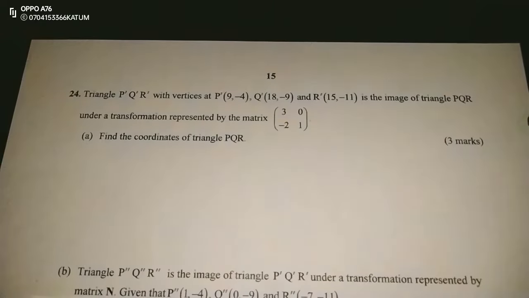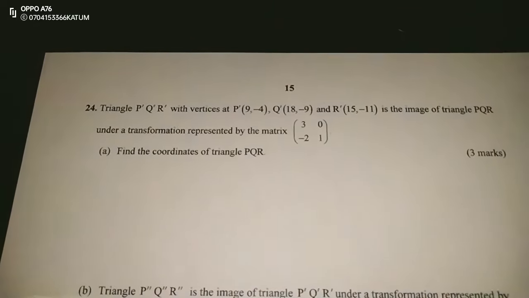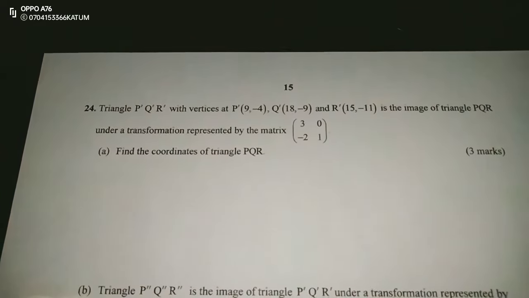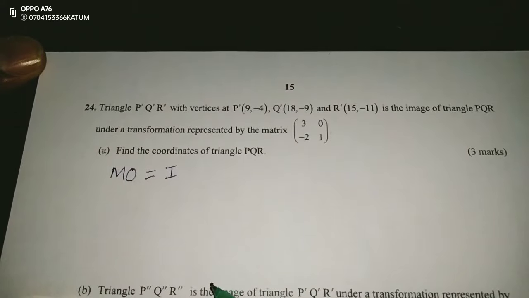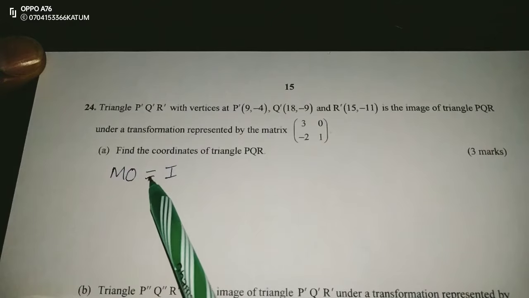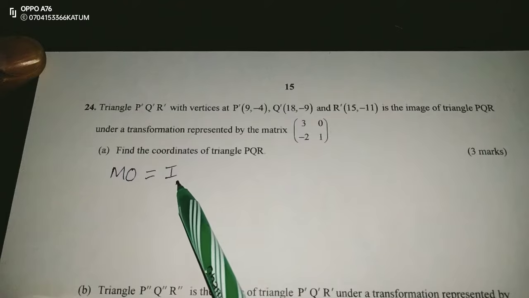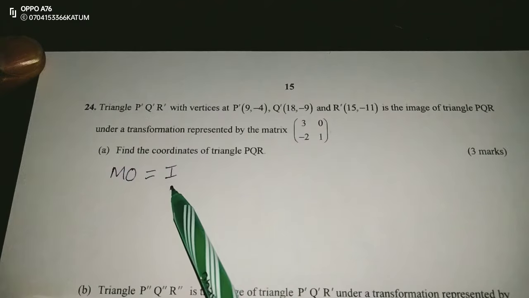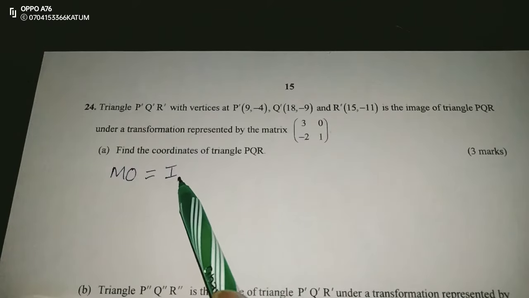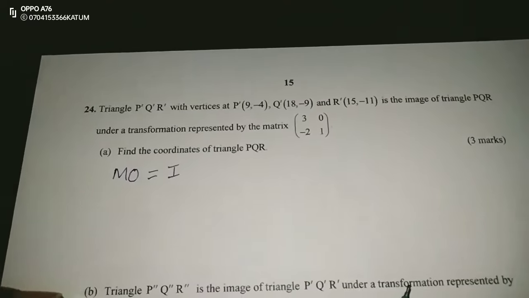So in this case, we should know that when we take a matrix of transformation and multiply it with the object, we're supposed to get the image. The object and the image coordinates are expressed as column vectors in matrix form.